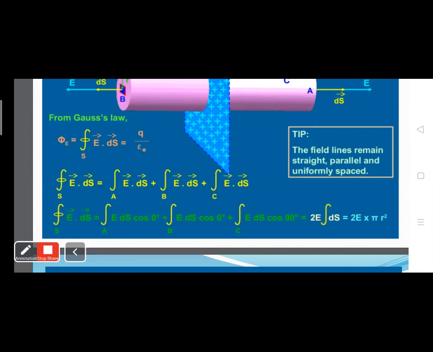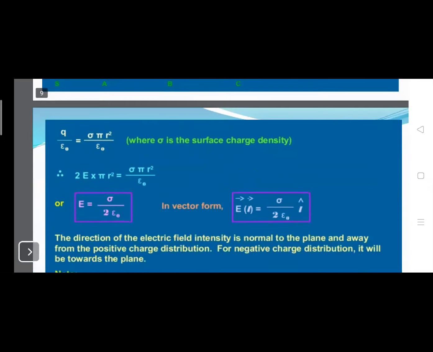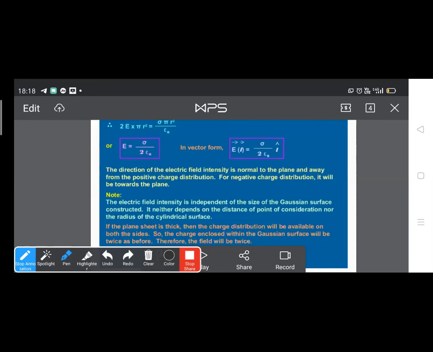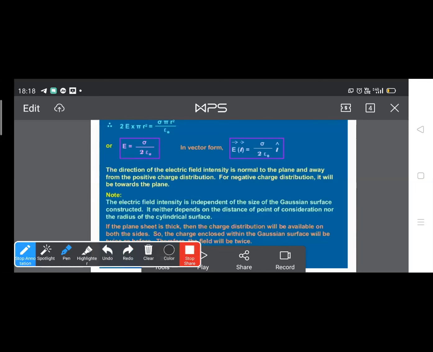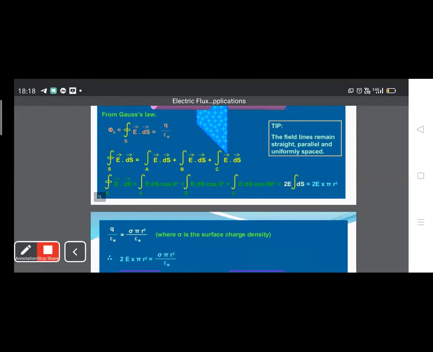Now from equations 1 and 2, we find that Q upon epsilon naught equals 2E into pi r square.